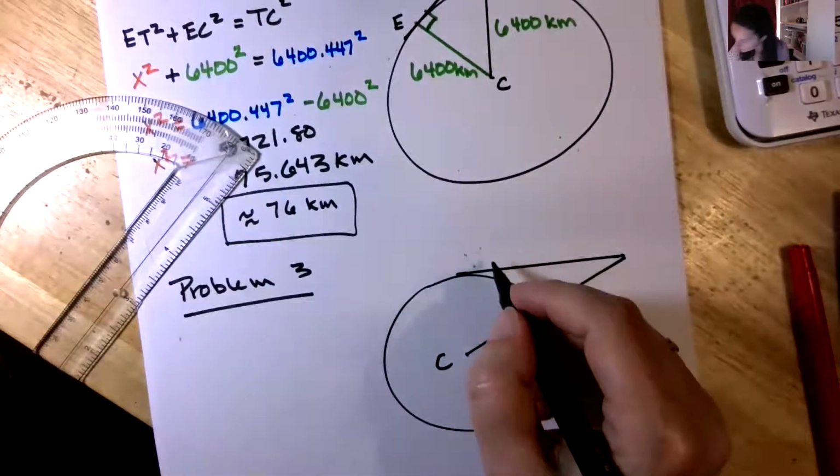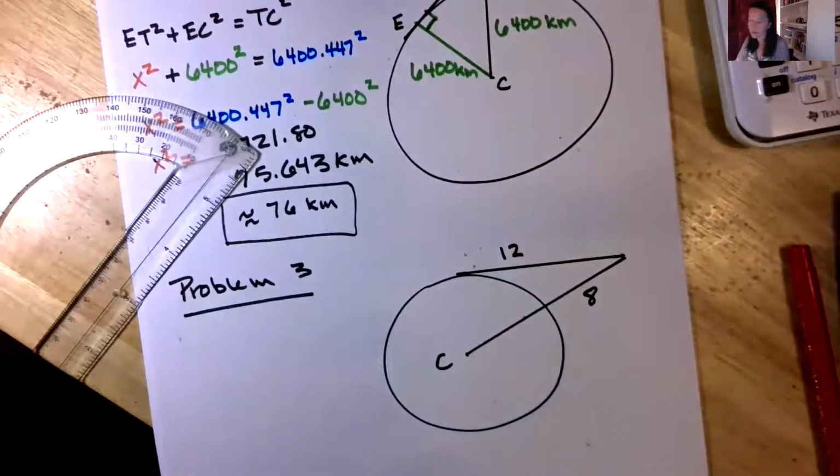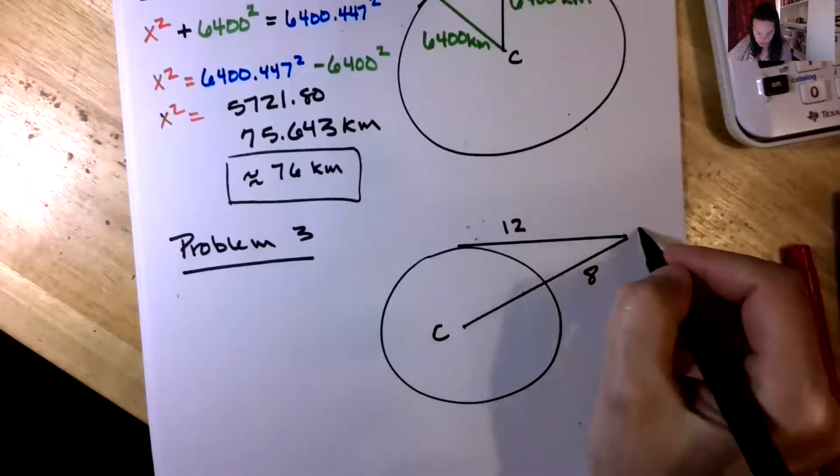So if we know that this is 12, and we know that this is 8, how can we find the radius of this? So now in the book, it gives you more in the picture to start off with, but I want you to get used to the idea of seeing a tangent and knowing that you can draw the radius. So we're going to start there.